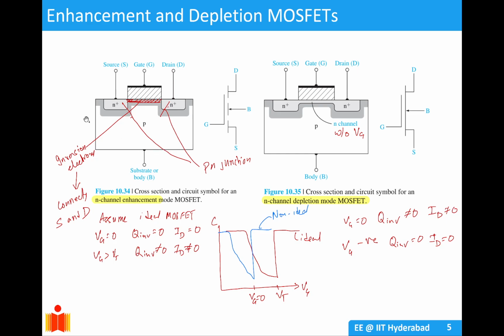This is used to modulate the whole operation of the MOSFET device. Hence, a MOSFET is generally a three terminal device, but including the body, you can call it a four terminal device. There is gate, source, drain, and body contact.